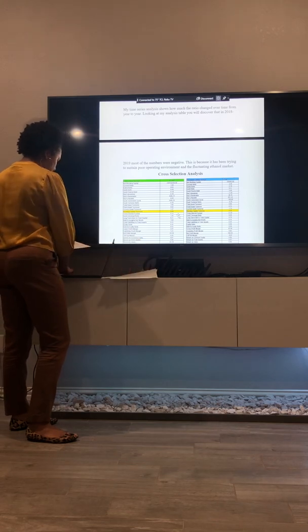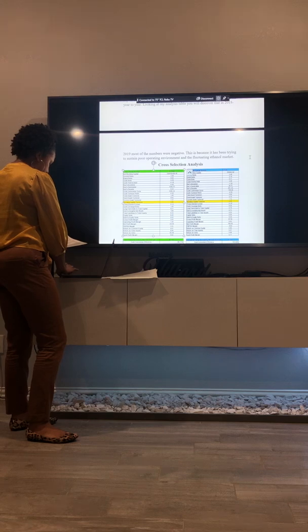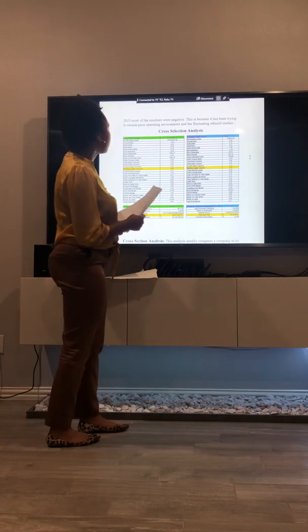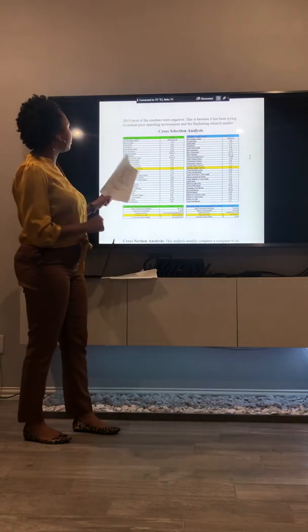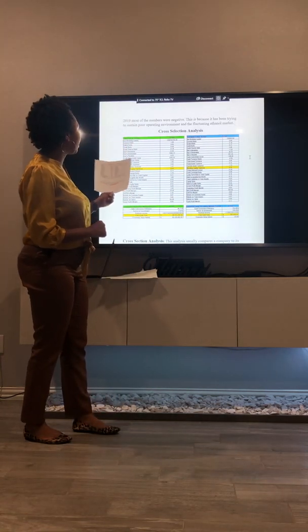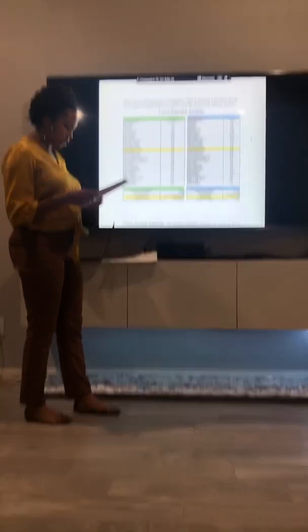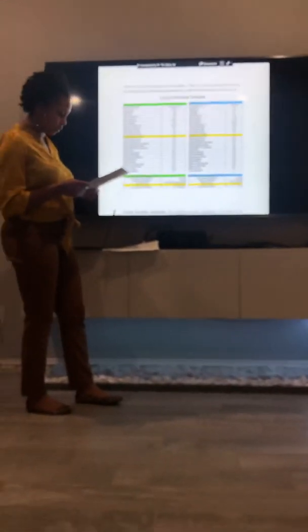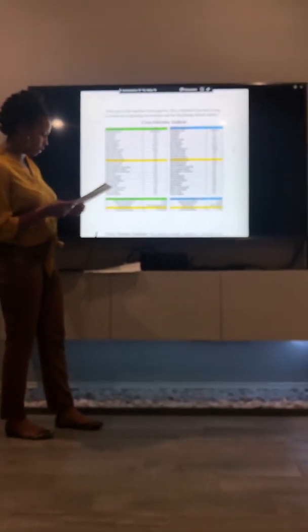Here is my cross section analysis. So to the right is my competitor, the renewable energy average, and then here's my Green Plans average, which is my company. This analysis usually compares a company to its industry peers. My ratios are close to being similar, but Green Plans Corporation, for the most part, has a higher ratio than the renewable energy ratio.